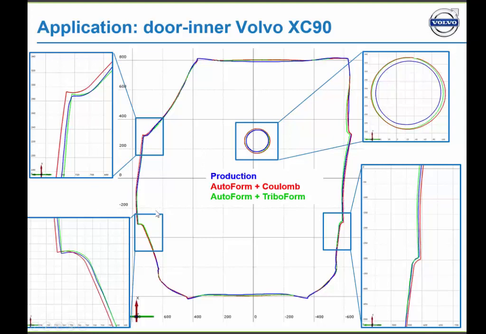The same conclusions can be drawn from the other figures. So if we zoom in on this part, then you will also see that we have with TriboForm a more accurate prediction of the draw-in, and the same holds for this location.